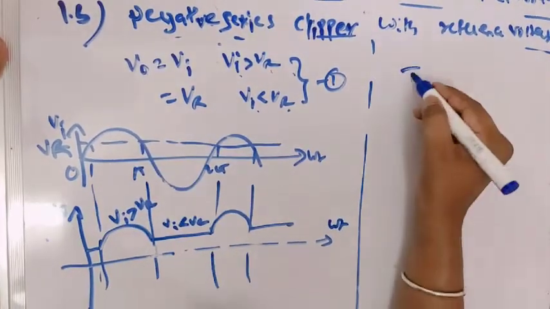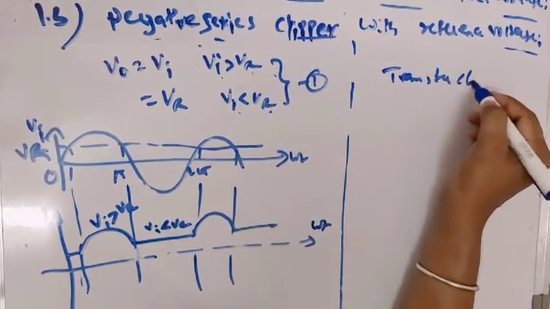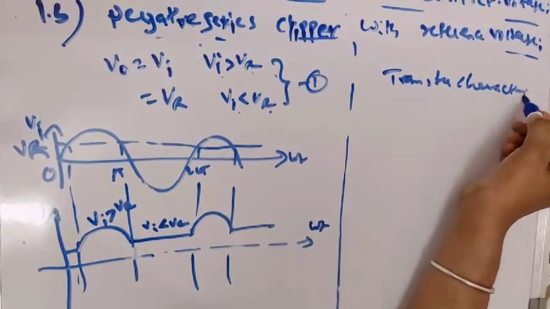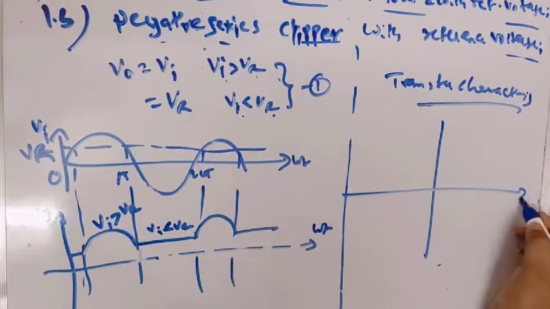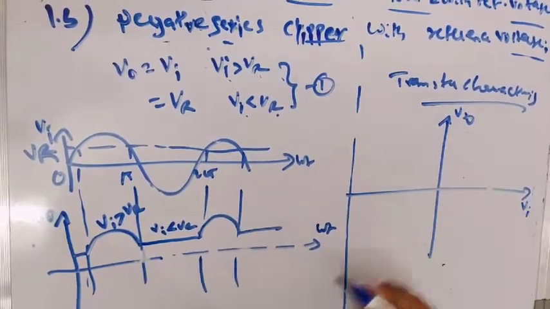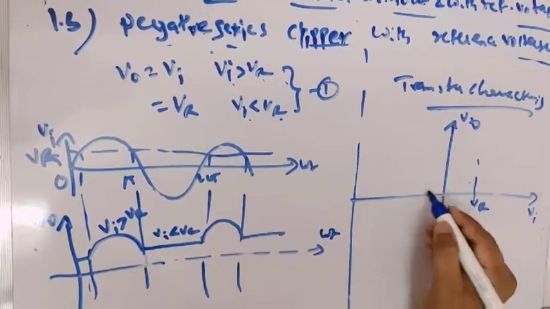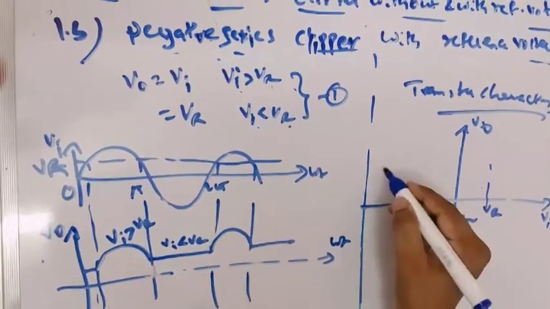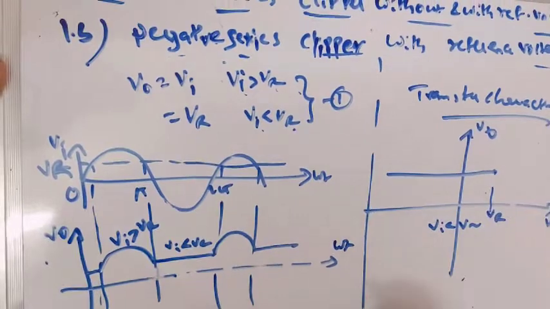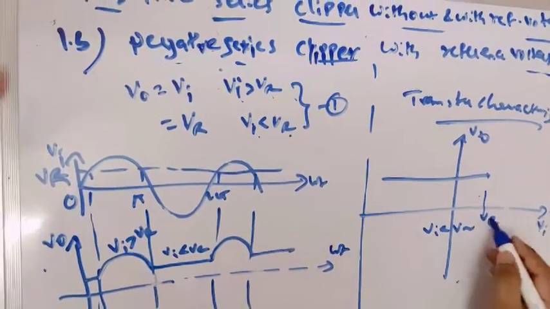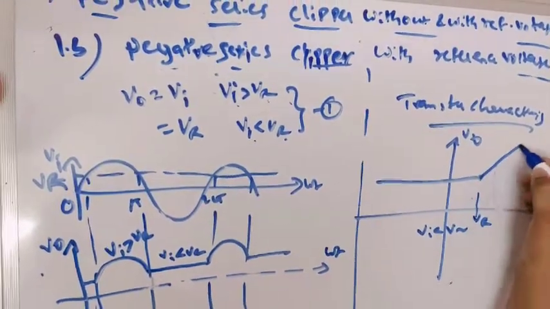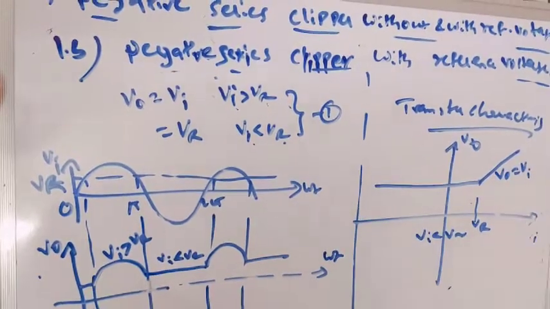Now we'll see the transfer characteristics here. The transfer characteristics is the curve drawn between output and input, that is output with respect to the input voltage. Now when the input voltage Vi is less than VR, during this portion the output will be restricted to VR. When the input voltage is greater than this reference voltage, the output follows the input, V0 is equal to Vi.